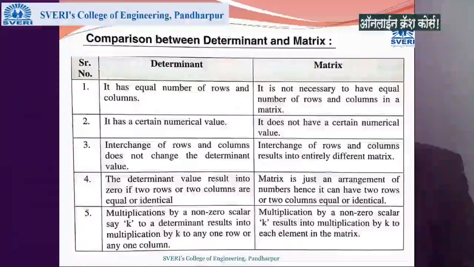Next, multiplication of a determinant by a non-zero scalar k results in multiplication by k of any one row or any one column, while in a matrix, multiplication by a non-zero scalar k results in multiplication by k of each element in the matrix. So using these points we can compare determinant as well as matrix.